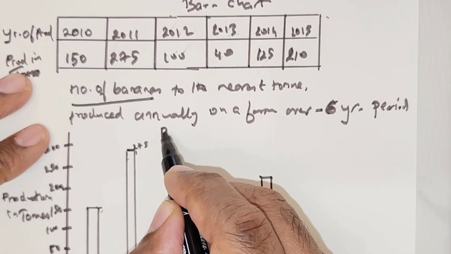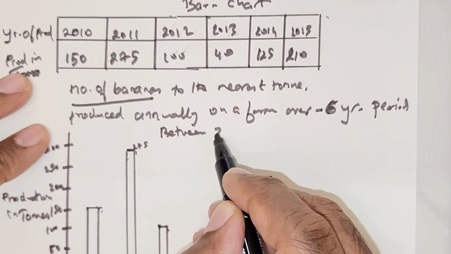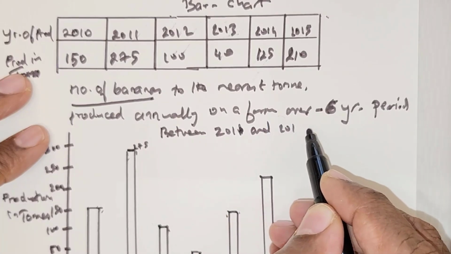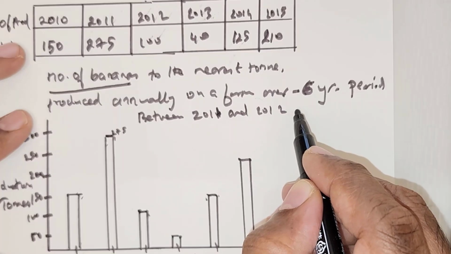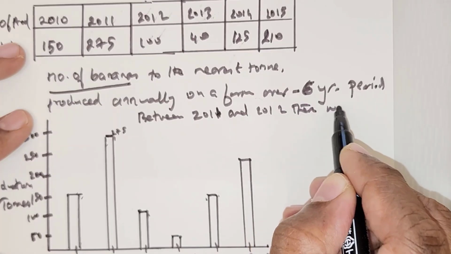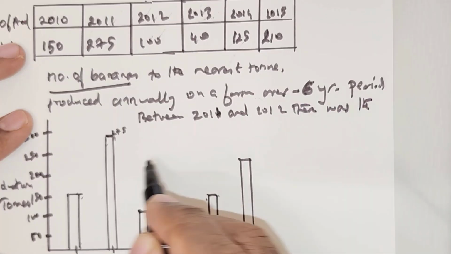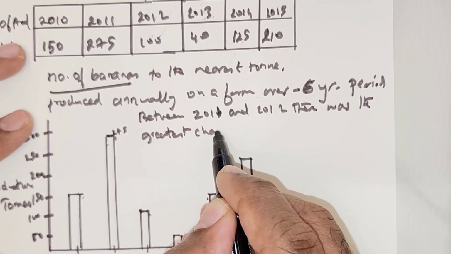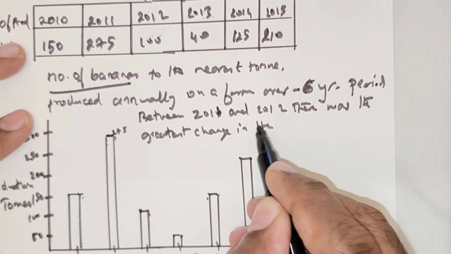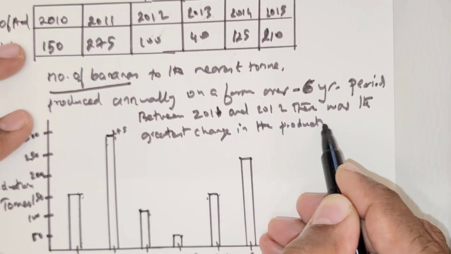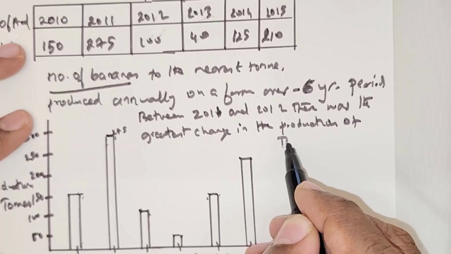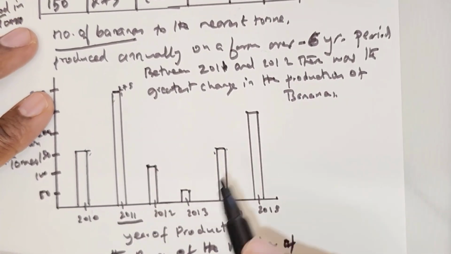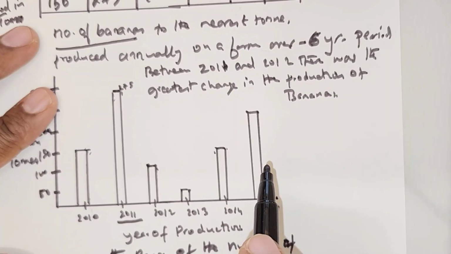So the answer is between 2011 and 2012, there was the greatest change in the production of bananas.